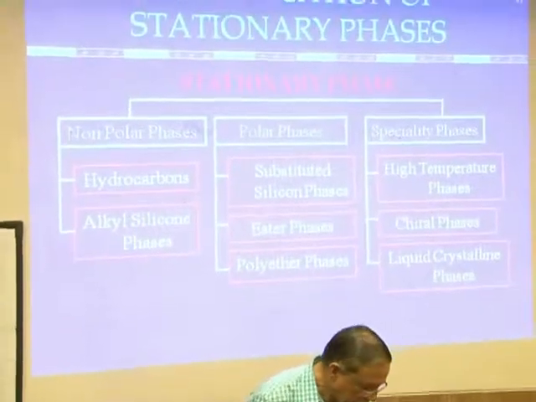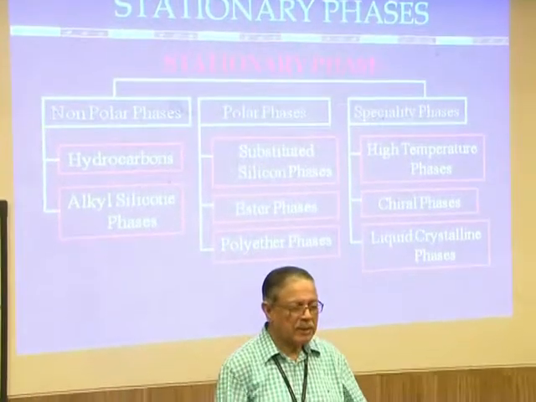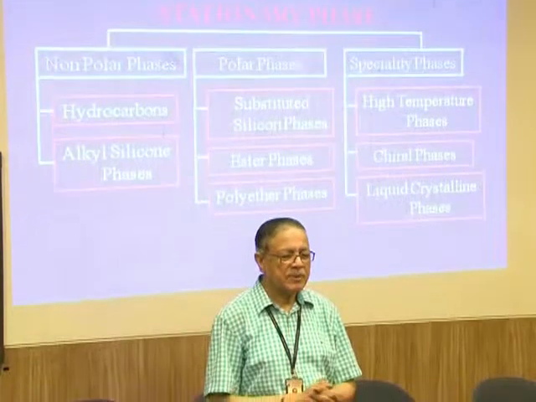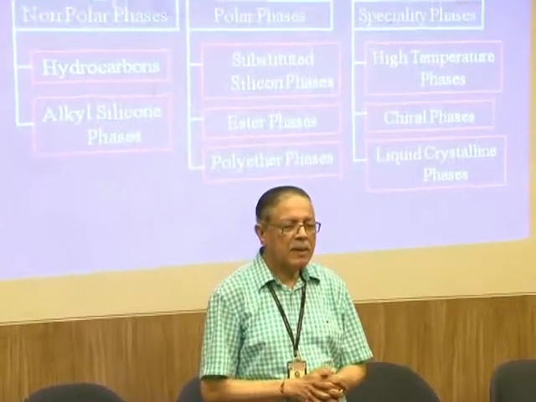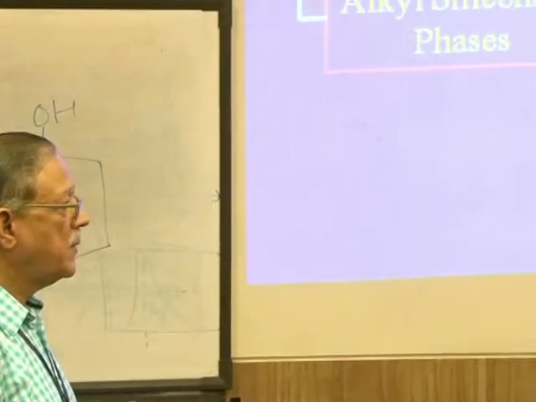In short, therefore, we have three types of liquid stationary phases: the non-polar one with specific examples, the polar one, and the high speciality stationary phases. But all of them have to satisfy the previous conditions.